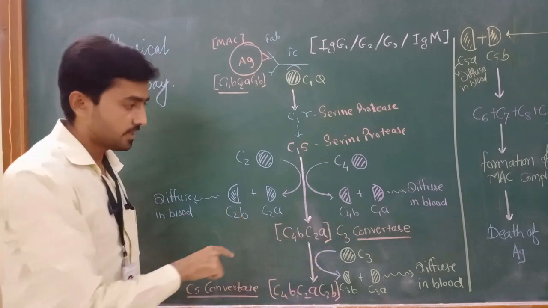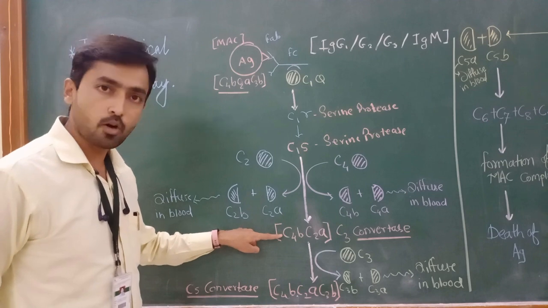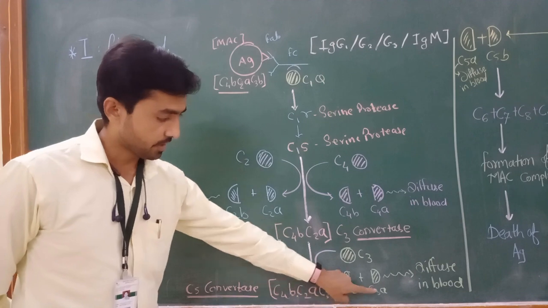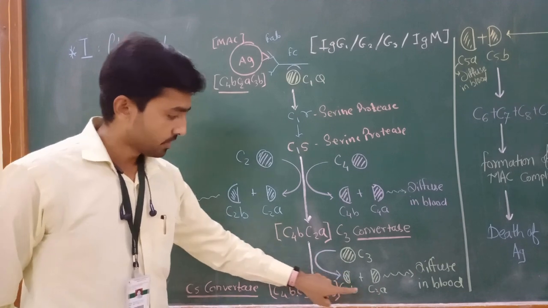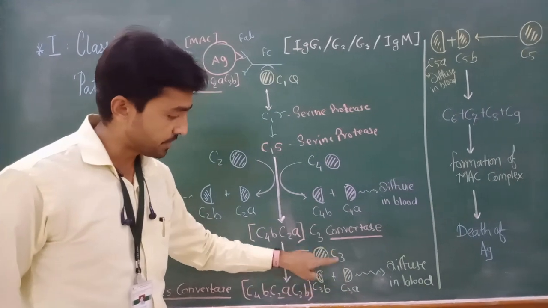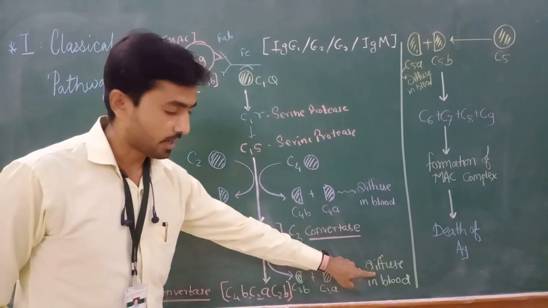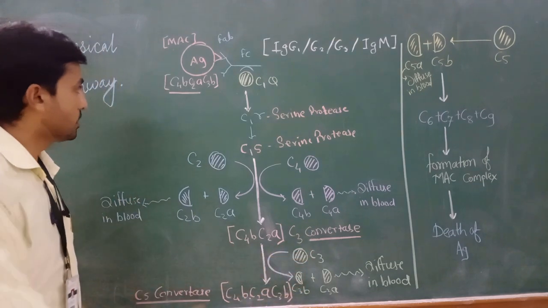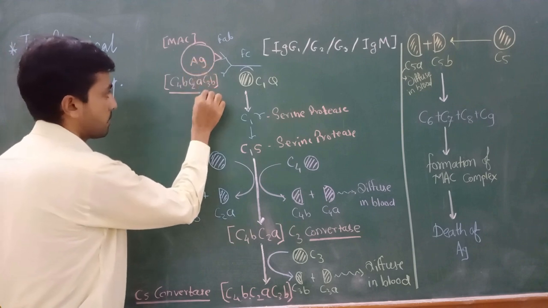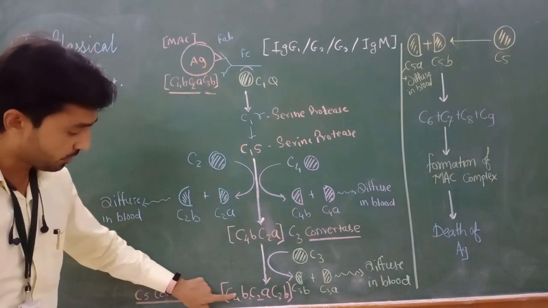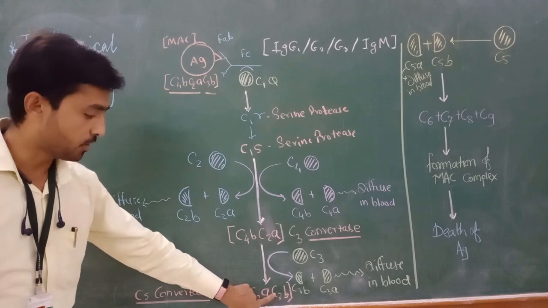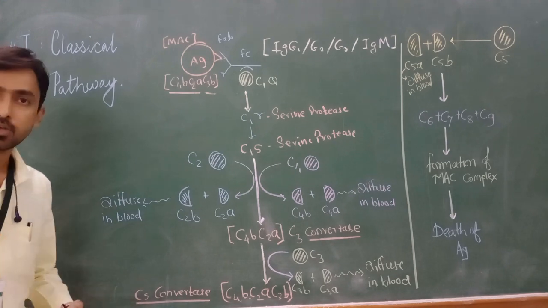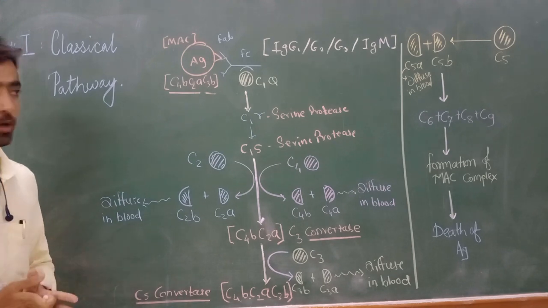We call it C3 convertase because this C4b2a complex has the ability to cleave C3 protein into two parts, C3b and C3a, out of which the C3a part diffuses in the blood and gets deactivated, while the C3b part goes and binds to the C4b2a on the antigen surface to form a complex called the C4b2a3b complex. This complex is called the C5 convertase complex. This complex has the ability to hydrolytically cleave C5 protein.